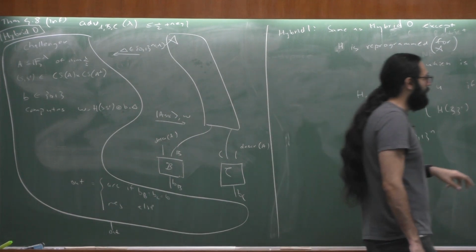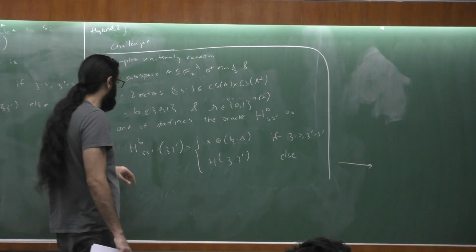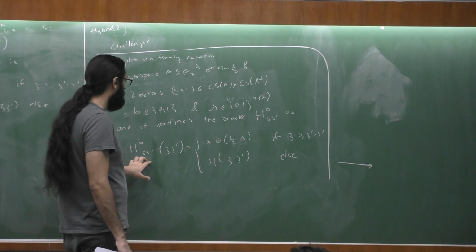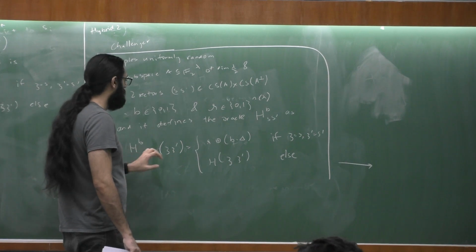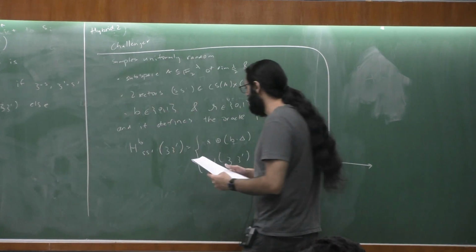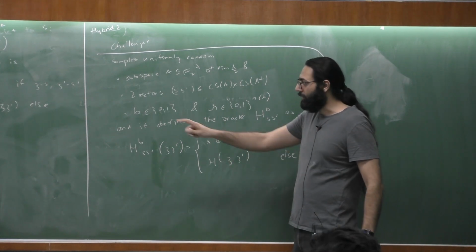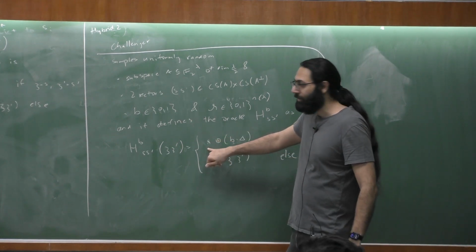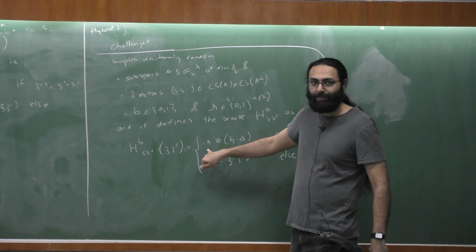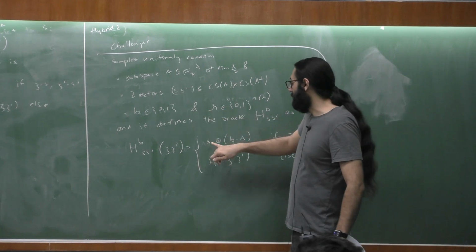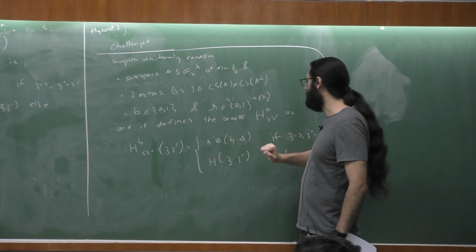Now you have a new random oracle which has essentially the same distribution, because this R was initially supposed to be H of S S prime, but there was a random oracle, so this was also random. So the distribution is essentially the same.